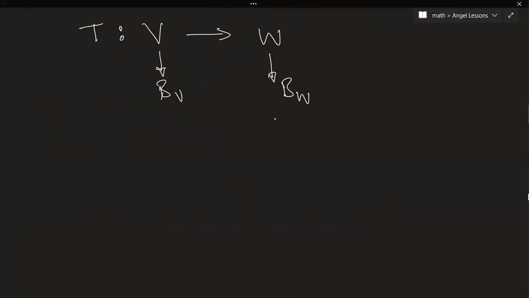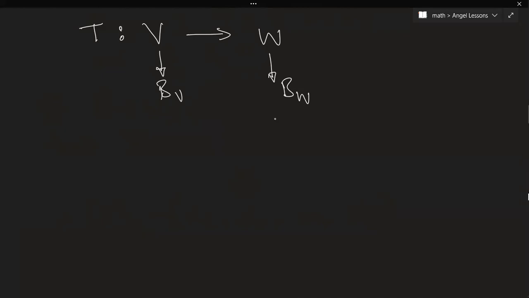Suppose you are given a linear transformation T, which takes us from V to W, and suppose also you know the basis of V, which is called BV, and the basis of W, which we can call BW. So what do you do if you are asked, given a transformation, to find its matrix equivalent?